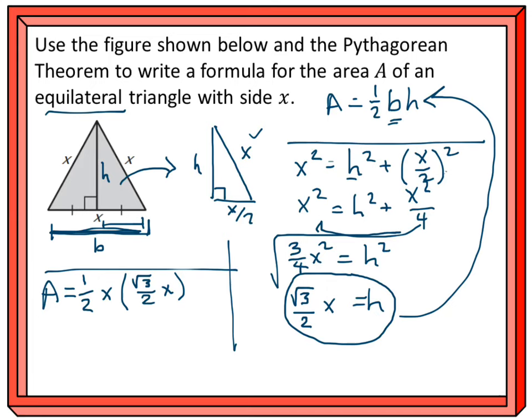Okay, now let me just simplify this a little bit, because I can multiply these two fractions together. It's just top times top and bottom times bottom. We'd have the square root of 3 over 4. And then the x's could be multiplied together to get x squared. So there is the area formula then for an equilateral triangle if you just knew its side length.